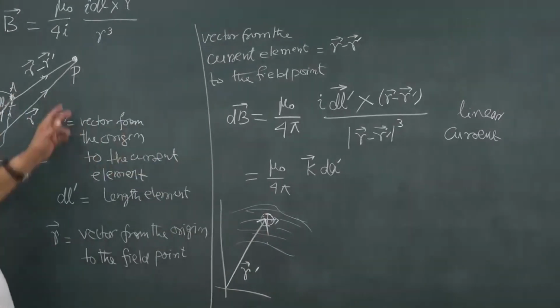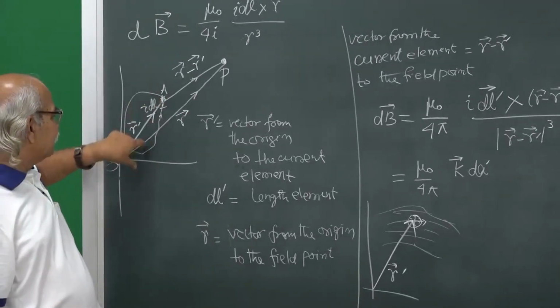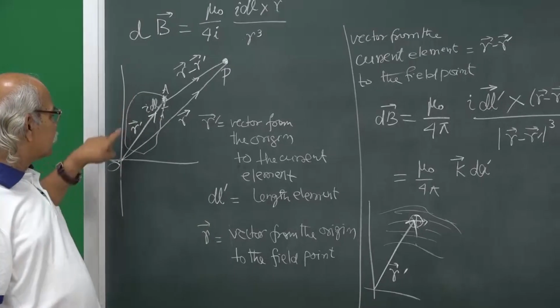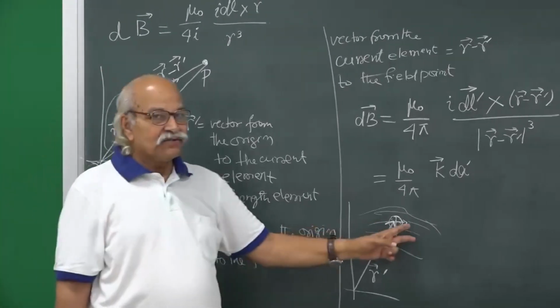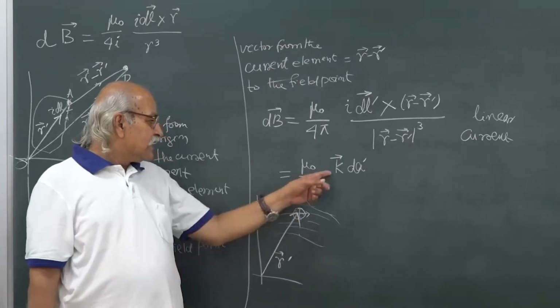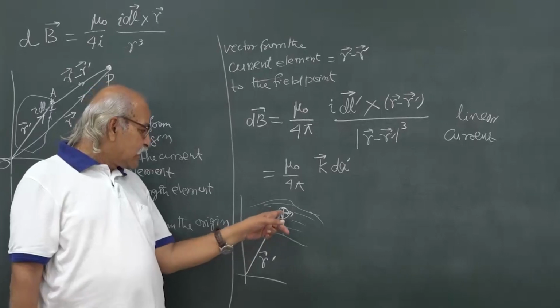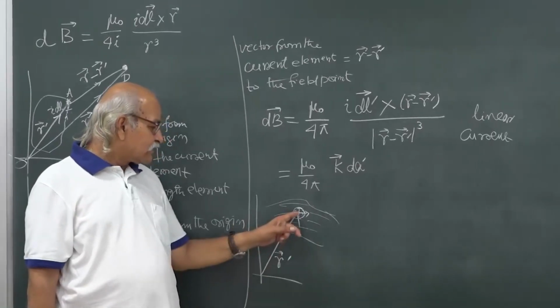Just like this length element is at r prime vector in the linear current distribution. Here the current is on the surface. So, on the surface we take a small area, and then k times dA prime is the current element, and the location of that current element is this r prime.